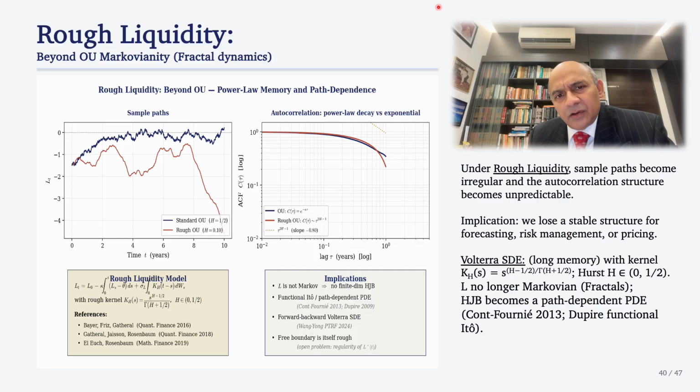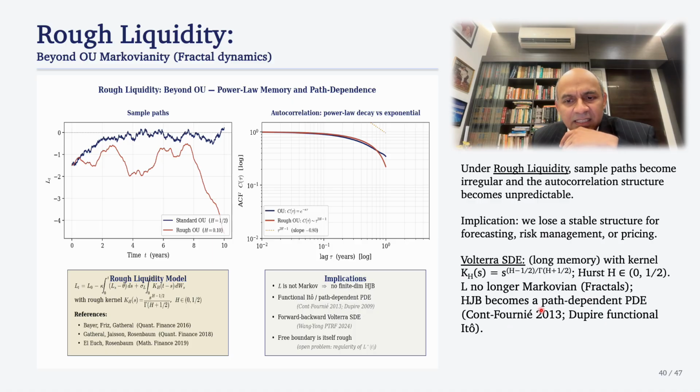Now, the Hurst should be between 0 and 1/2. You can see under rough volatility, the sample paths can diverge. The autocorrelation function can decay unpredictably. And so with irregular sample paths and unpredictable autocorrelation structures, we lose the stable structure for forecasting, risk management, or pricing.